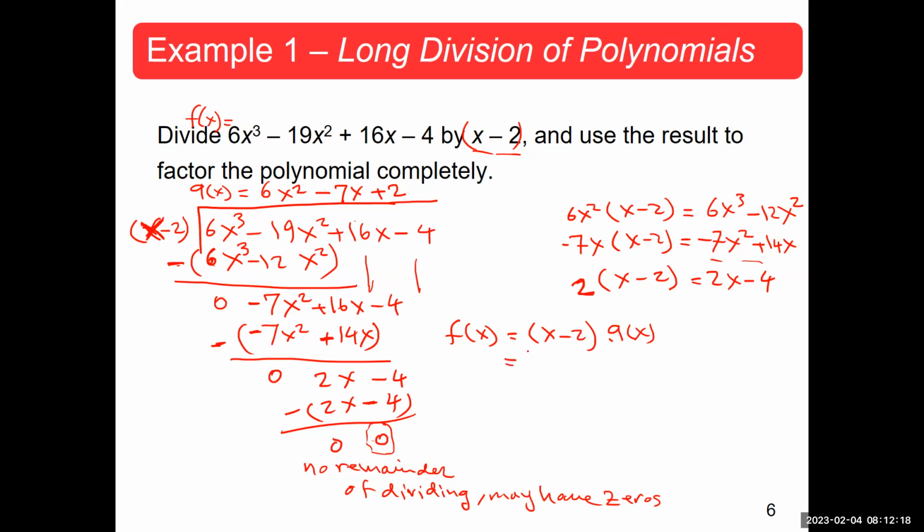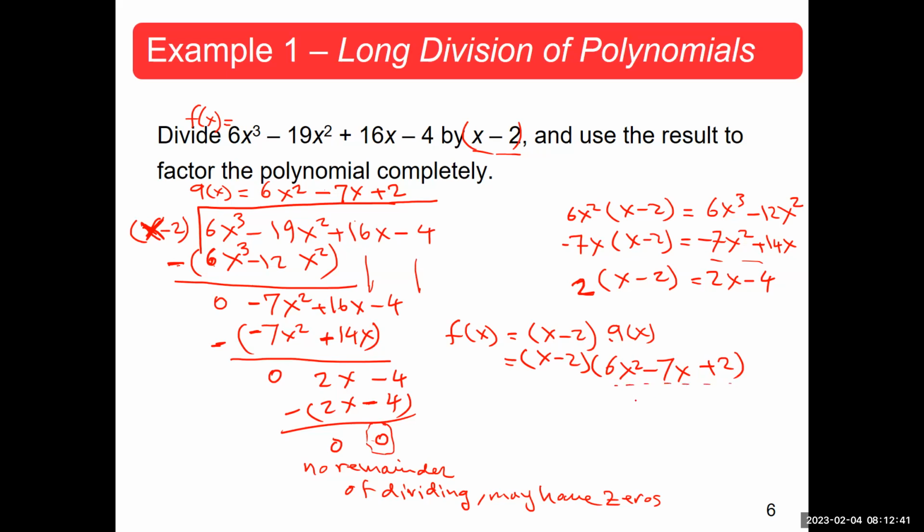What is q(x)? We already found it: 6x squared minus 7x plus 2. Can we factor the second-order equation over here?